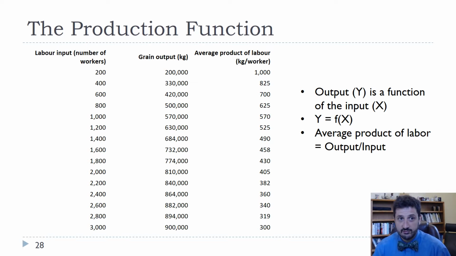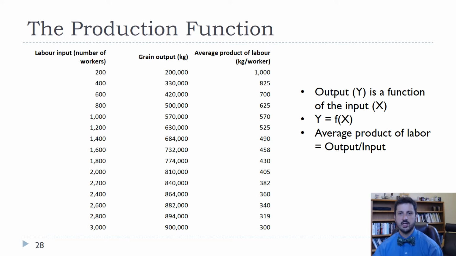Hopefully that sounds somewhat familiar from microeconomics. A production function just takes some sort of input, in this case labor, and turns it into some sort of output, and in this case it will be grain. Now we can figure out the average product of labor, which is just total output divided by total input.